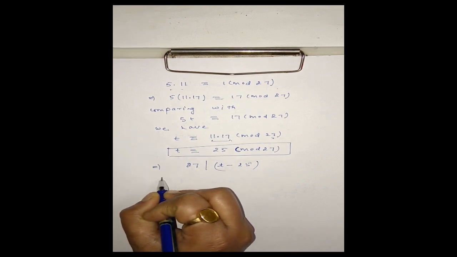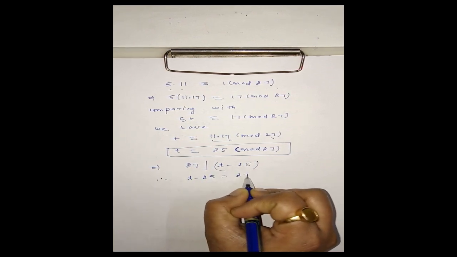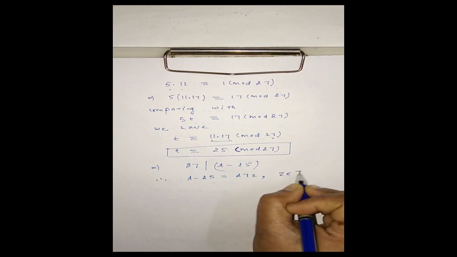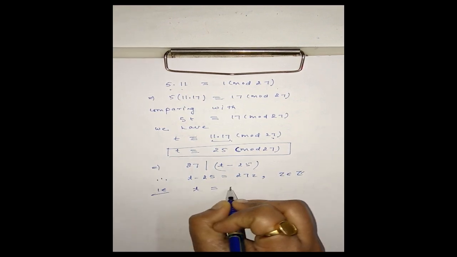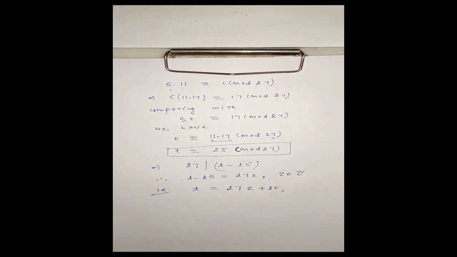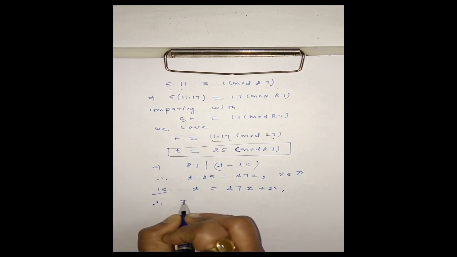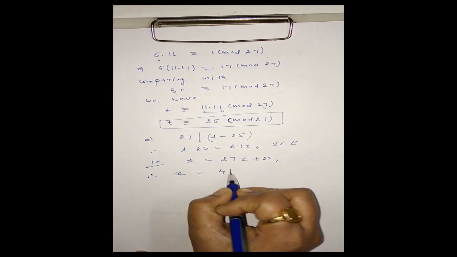Clear? Therefore, t minus 25 is equal to 27 into z for some integer z. That is, t is equal to 27z plus 25. Clear? I can write like this now. Therefore, x was 4t plus 1.